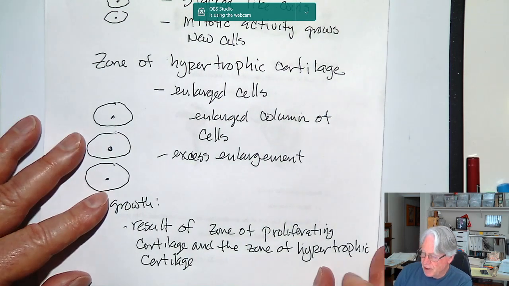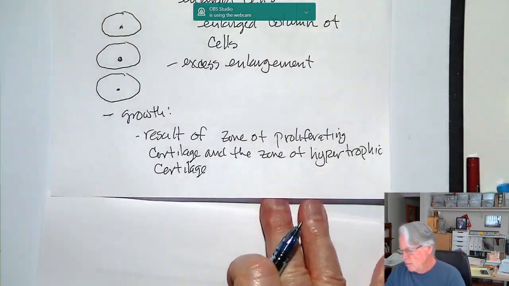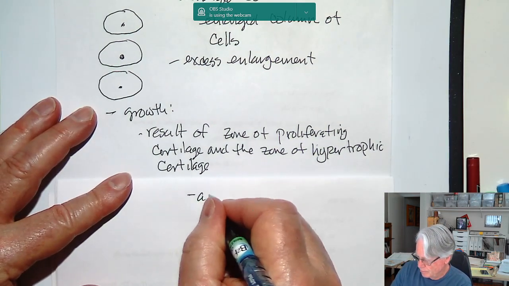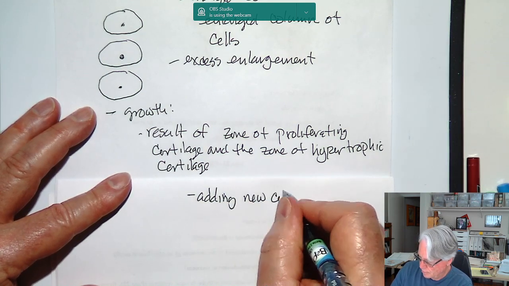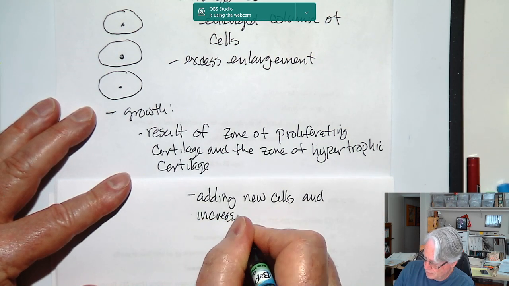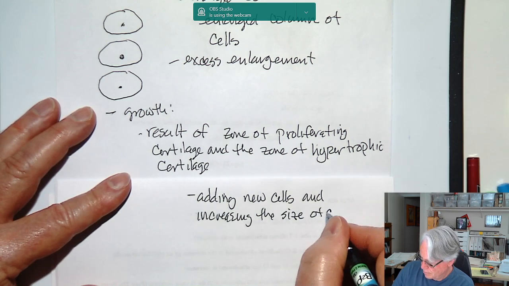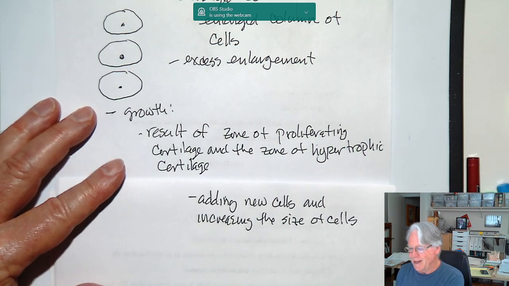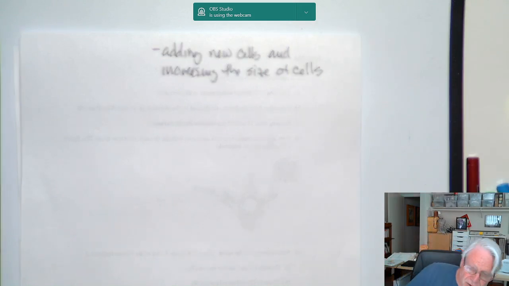So adding new cells and increasing the size of the cells. That's where we're getting growth. That thickens, or lengthens, I should say, the bone. And of course, this is happening, remember, at both ends of the bone.